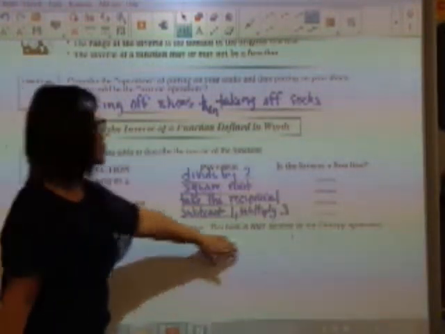Of these 4 functions and their inverses, which of these inverses results in a non-function? So in which case could I get 2 possible answers? If I divide by 2, can I get more than 1 possible answer?